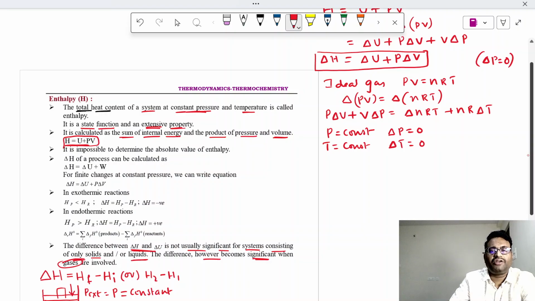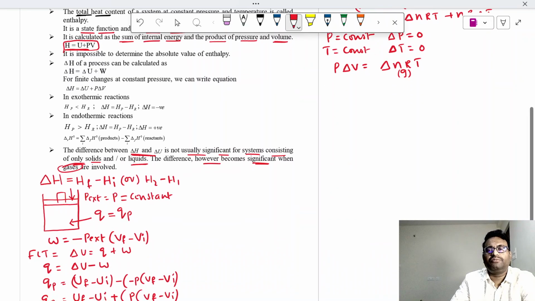Then you can write P delta V is equal to delta n RT. For this delta n, we write delta Ng also, because it is applicable for whom? Gases, right? So P delta V is equal to delta Ng RT.